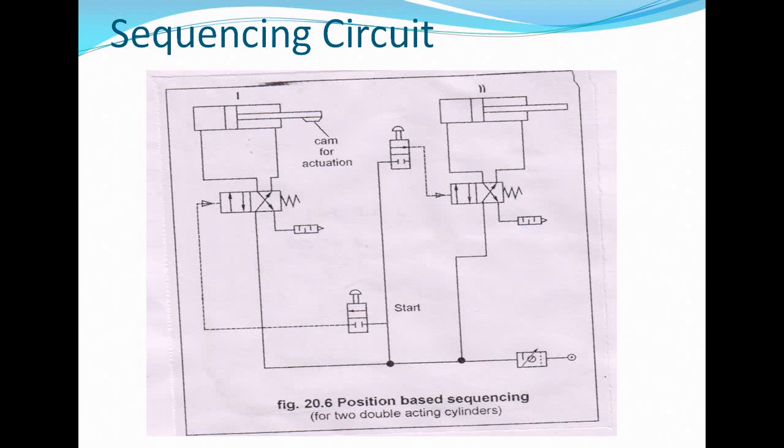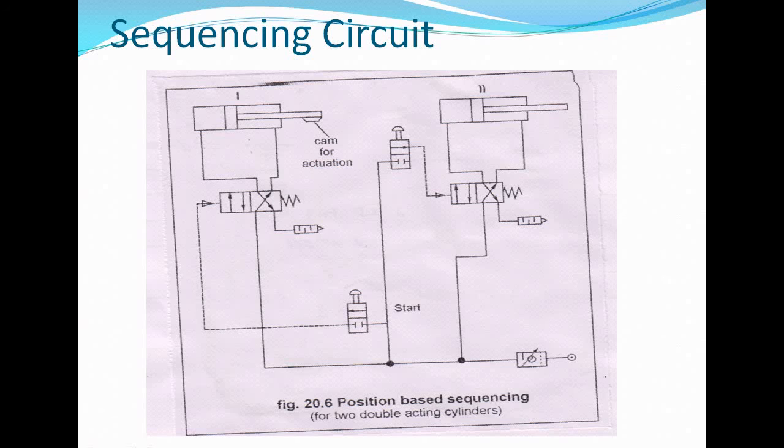So initially we will be having forward motion for both cylinders A and B, and when we press this valve, these ports will be connected with each other. Air will flow through this line to this line, and it will give a signal to this DC valve. Pivoting happens and the valve will change its position. So here we will be having backward motion of the actuator A.